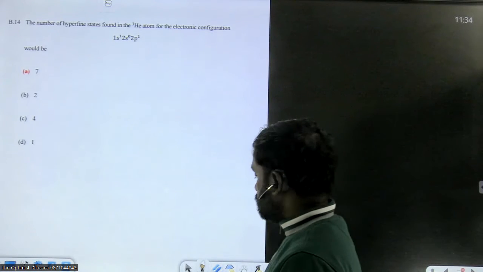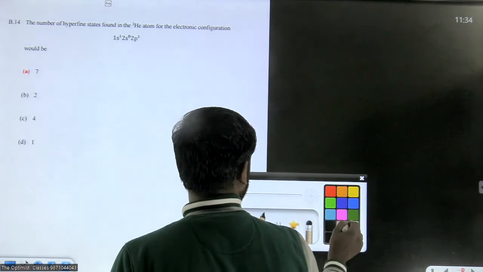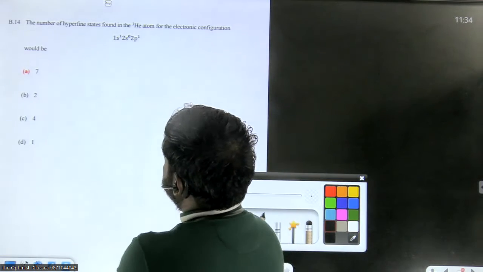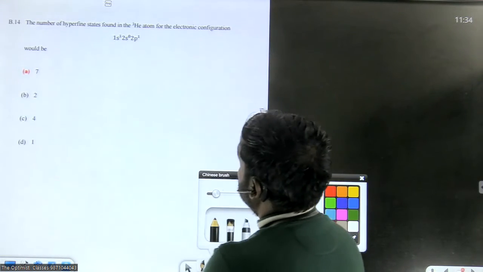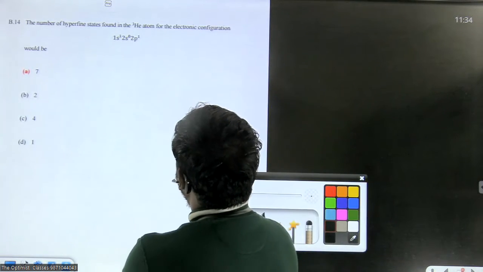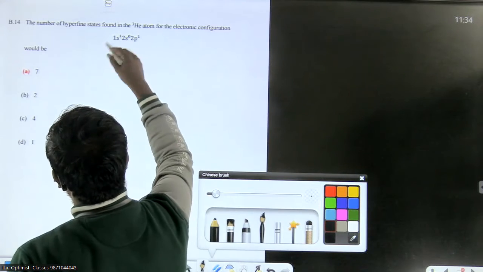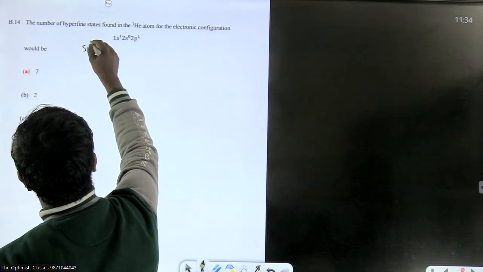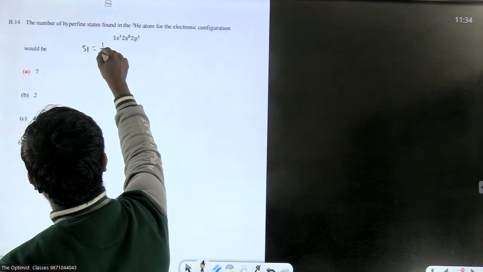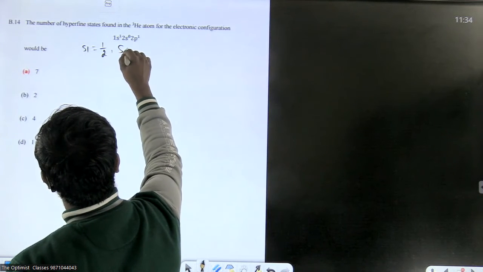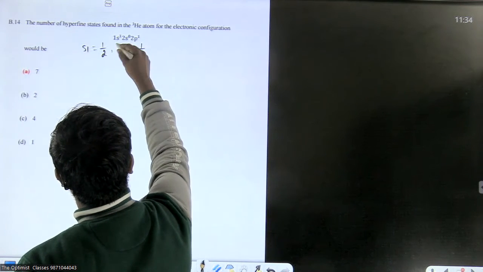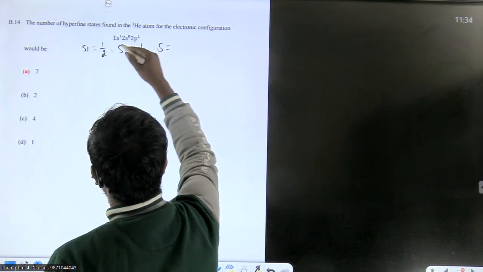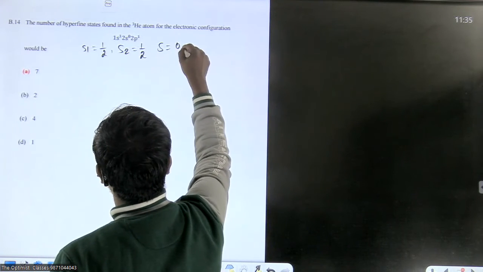Now this is a question on hyperfine splitting. It says a number of hyperfine states are found in the helium atom for an electronic configuration. We have to calculate the number of hyperfine states. There are 2 unpaired electrons. So S1 is half, and for the other electron S2 is also half. Calculating S from S1 minus S2 to S1 plus S2, it will be 0 and 1.